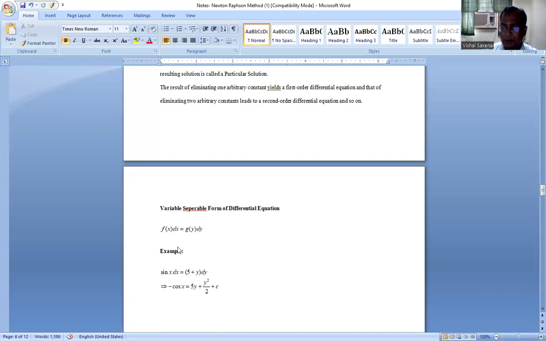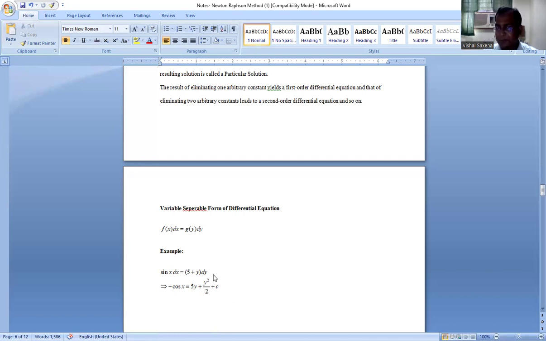So look here. For example, suppose we have a differential equation sin x dx is equal to (5 plus y) dy. Look at this form. It is already in the variable separable form, because the left hand side consists only of the terms of x, while the right hand side consists of the terms of y. When we integrate this equation, we will get its general solution.